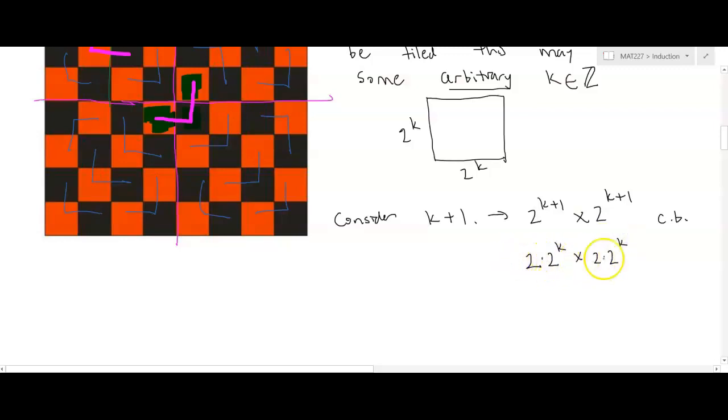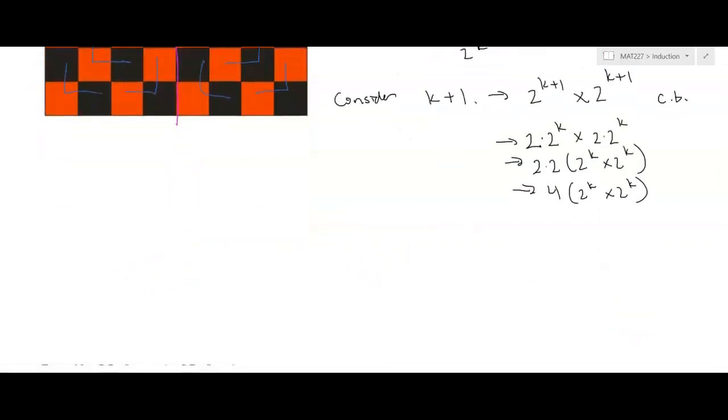And if I rearrange this as just 4 numbers being multiplied together, you can see that if I bring the two individual 2's out front and just leave this as a 2 to the k times a 2 to the k, then I basically have 4 2 to the k by 2 to the k. And so because I'll have 4 2 to the k by 2 to the k, so we will have 4 2 to the k by 2 to the k's.